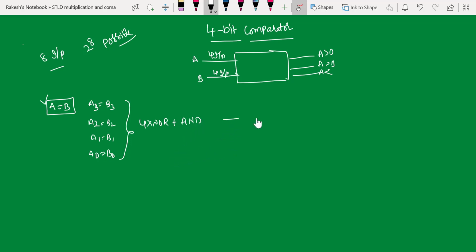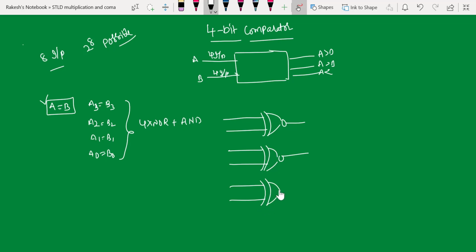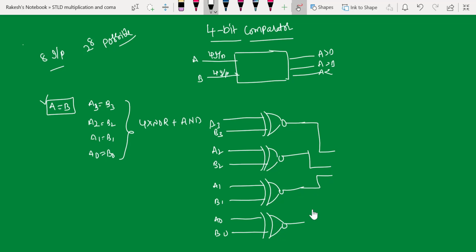You are going to have one circuit for A3 B3, one circuit for A2 B2, one more circuit for A1 B1, and one more circuit for A0 B0. All these outputs will be connected to an AND gate.